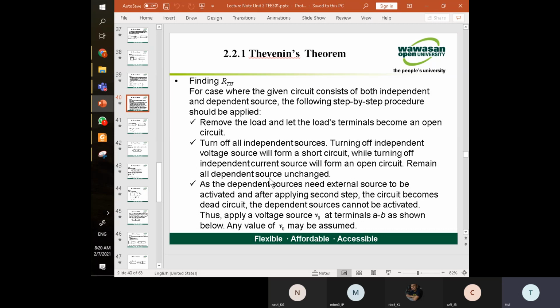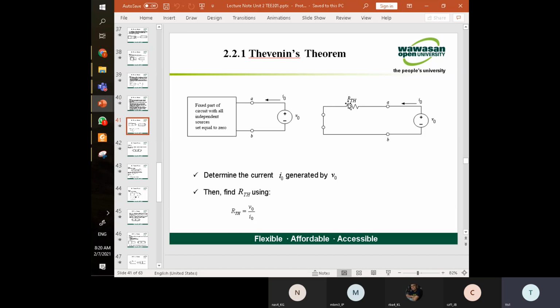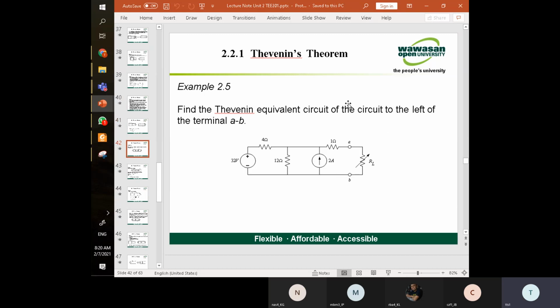Dependent sources remain unchanged, as they need an external source to be activated. After the second step, the circuit becomes a dead circuit. So just follow the steps here: first remove the external source, then replace this one with a short wire.